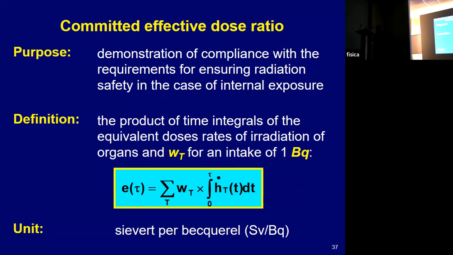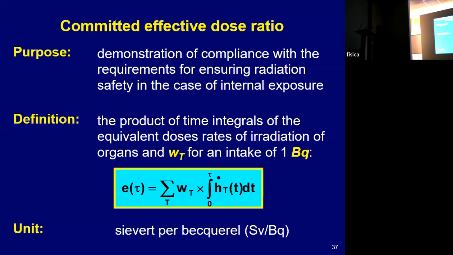For a certain radionuclide and route of entry, the dose coefficients are determined as a product of the time integrals of the rates of equivalent doses of irradiation of organs and tissues for an intake of 1 becquerel of radionuclide. And the formula is presented on the slide.